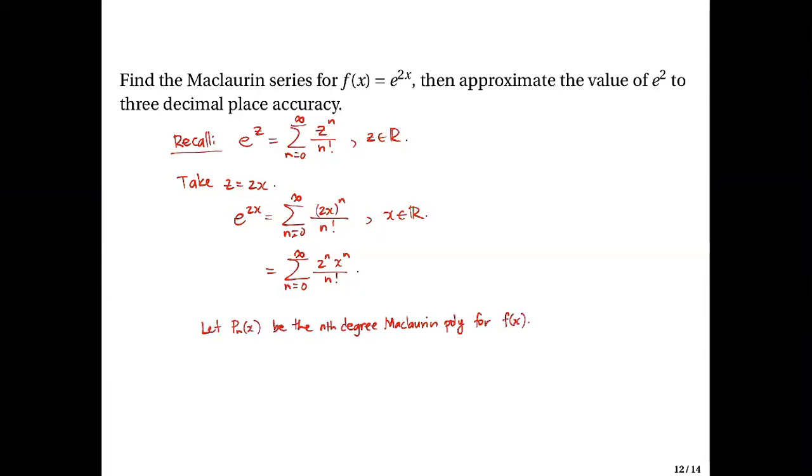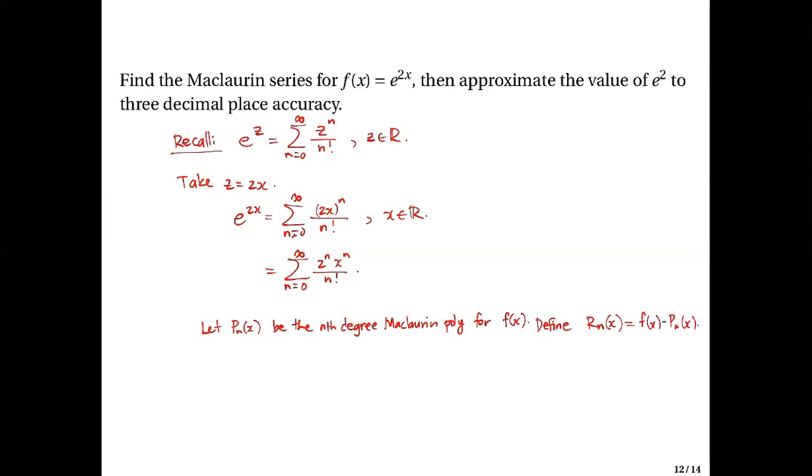And then, of course, we define the error, r sub n of x, to be equal to f of x minus p sub n of x.